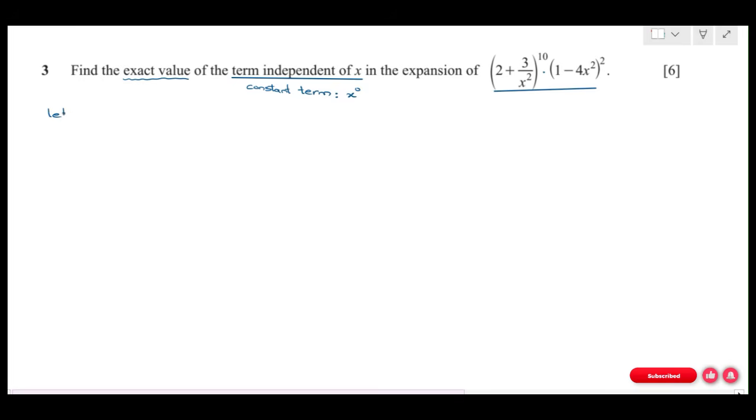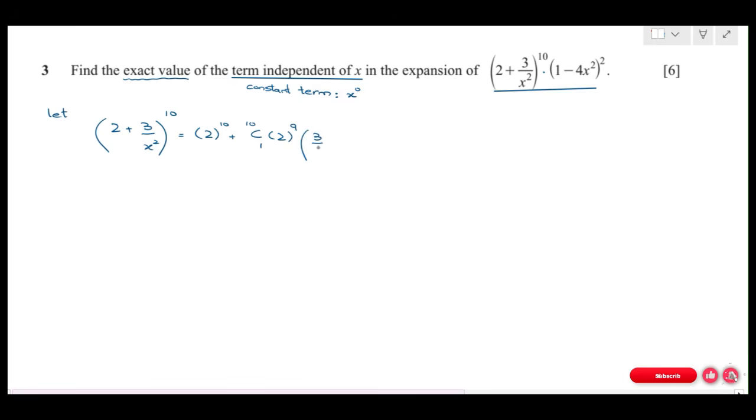So I would like to take this. So we can say let 2 plus 3 over x squared, its whole power is 10. So I have to use this binomial expansion first, right? Okay, let me open this binomial expansion. 2 to the power 10 plus 10c1, 2 to the power 9.